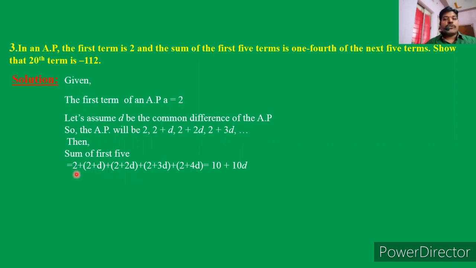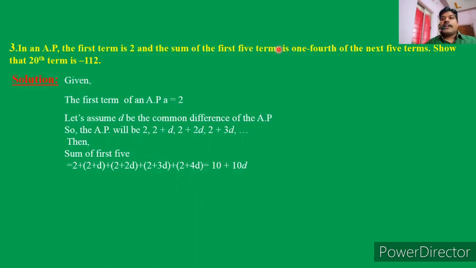The A value is 2, so it becomes the first, second, third, fourth and fifth terms. Just take the sum here. 5 into 2 is 10. And take the D: 4D plus 3D is 7, 7 plus 2 is 9, 9 plus 1 is 10D. So the sum of the first 5 terms is 10 plus 10D.